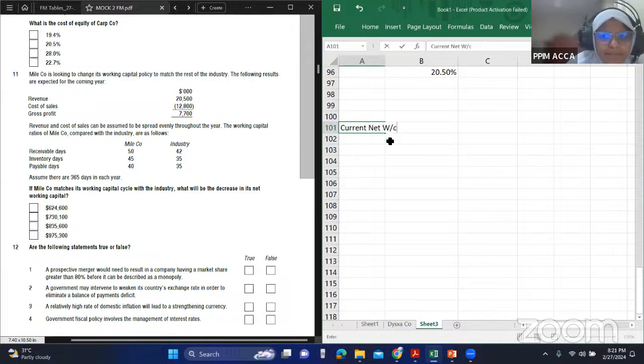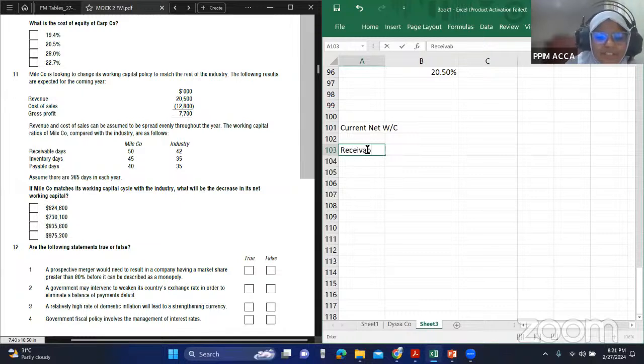So current net working capital, how do we calculate that? You should understand that working capital means you have to have the receivables, the payables, and the inventory figures. So how do you get receivables, payables, and inventory? Using the receivable days, inventory days, and payable days. I'll just give the equation only for receivables.